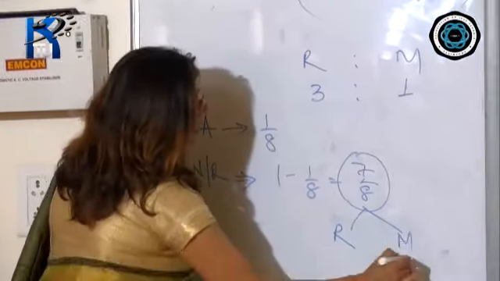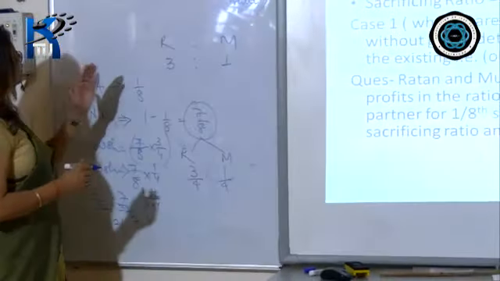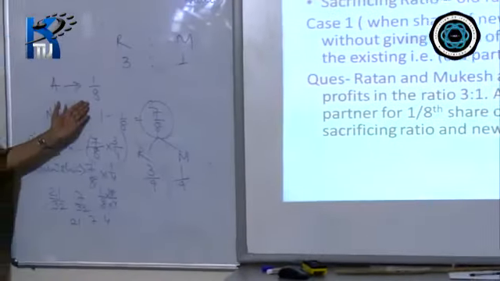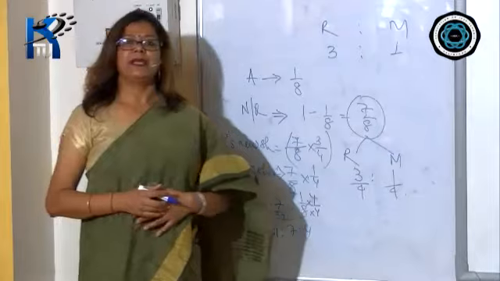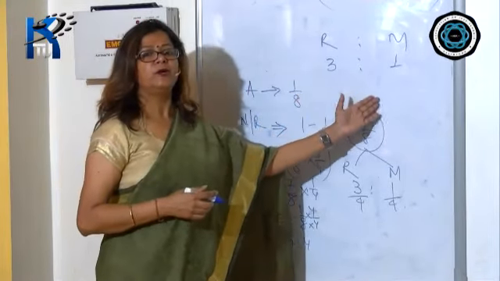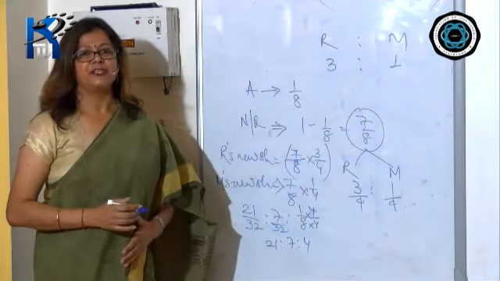We did this when we were studying the first case in the new ratio. Now, how do we calculate the sacrificing ratio? In this case, where only this much is given, that this was the old ratio and the new partner comes for 1/8 share, even if we don't calculate, we get the answer because whatever sacrifice has been made by the old partners is in their old ratio.